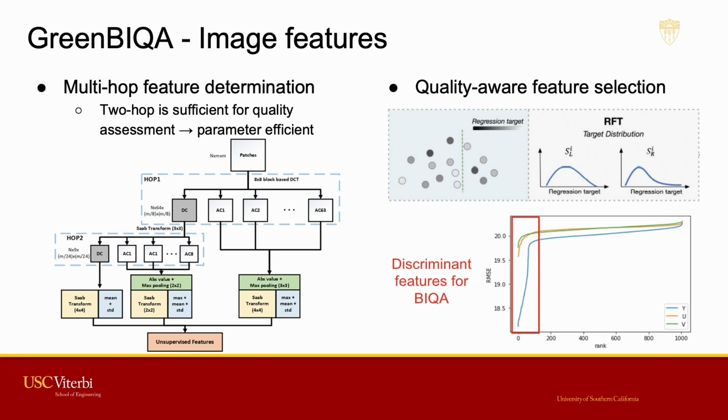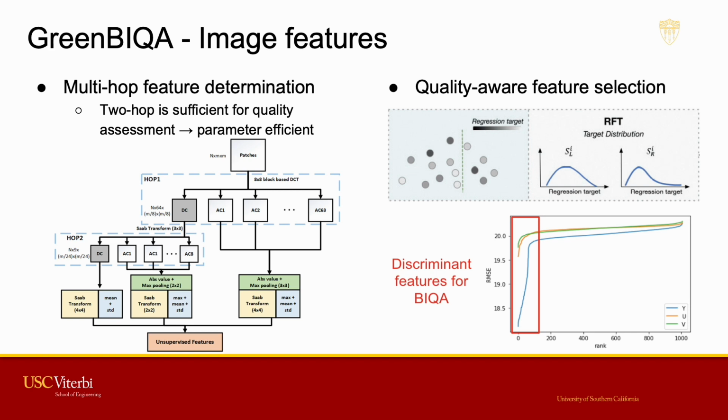And later on, we put all the DC coefficients together and go to the second-level DCT transform. That gives you a more global feeling of the whole image. And then we also have, in the second stage, DC and AC coefficients. So these all serve as the candidates of the features. This part is shown in the left-hand side of the slide.